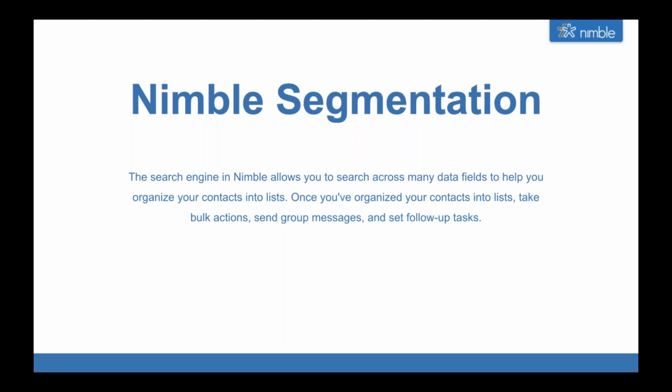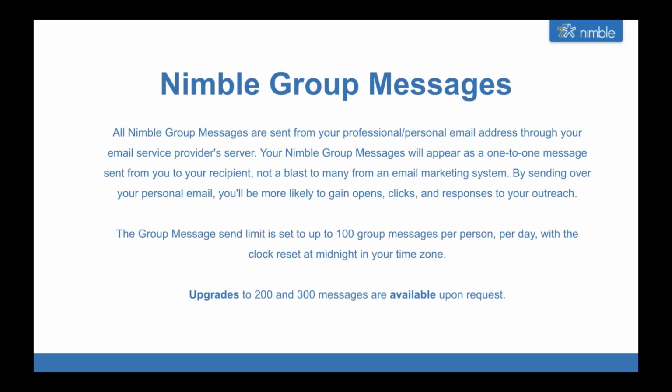And the next natural step after you segment your database in many cases is to be able to email the people. So we also created Nimble group messages, and using this feature is really helpful, not just in the way that it saves you a lot of time on retyping the same messages, because it allows you to bulk email up to 300 people per day per user from your Nimble account.